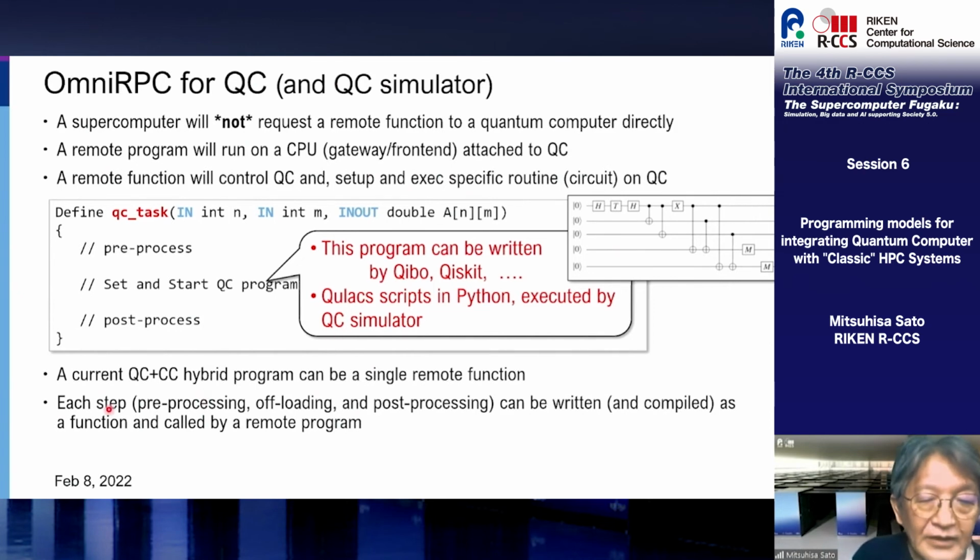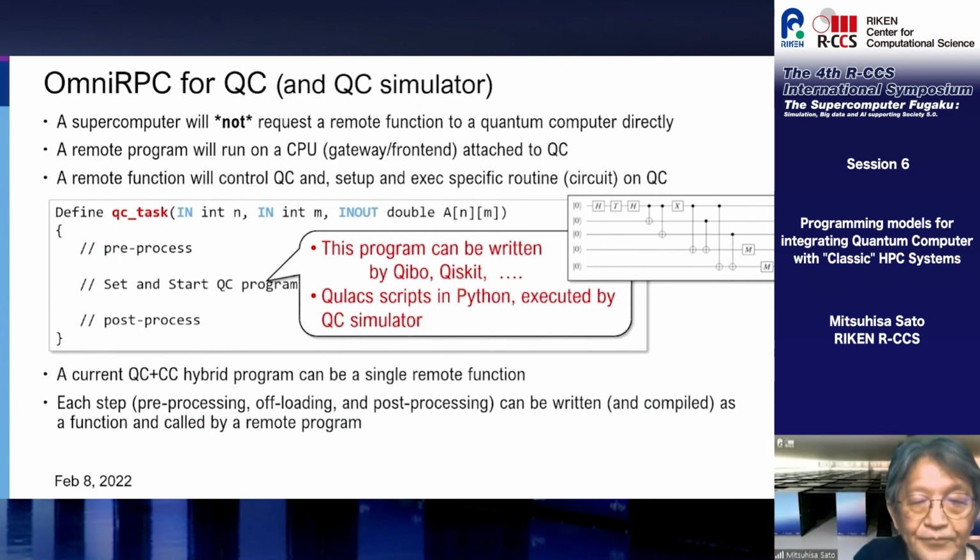The current QC and classic hybrid program can be a single remote function like this, and each step, pre-processing, offloading and post-processing, can be written like this.